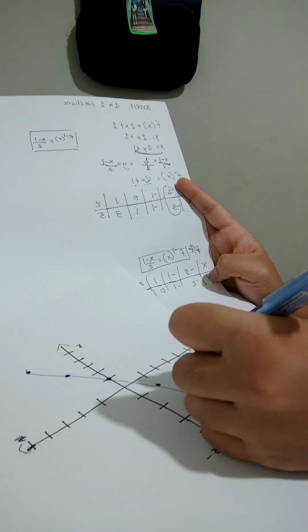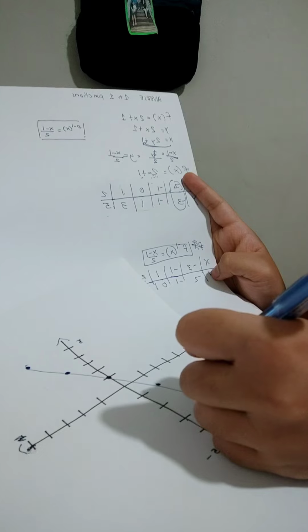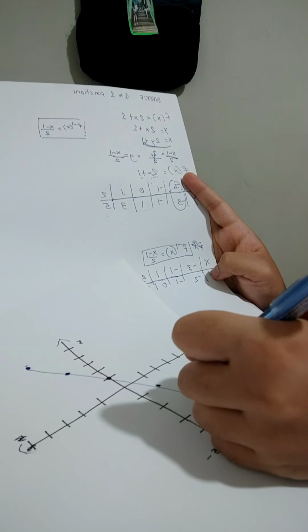So, 3 and negative 2, negative 3 and negative 2.